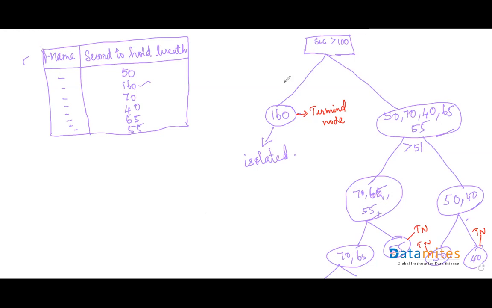If you see here, for this particular data point, this is the path length. Let us say for this data point, what is the path length we have? From here it goes here and again here. This is the path length taken by this particular data point, right?